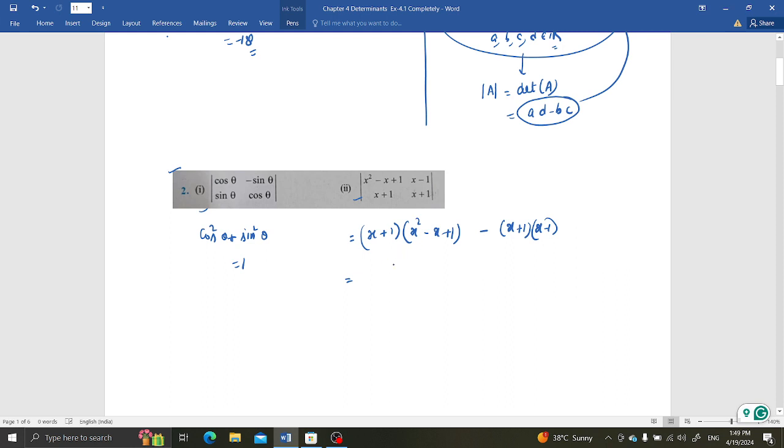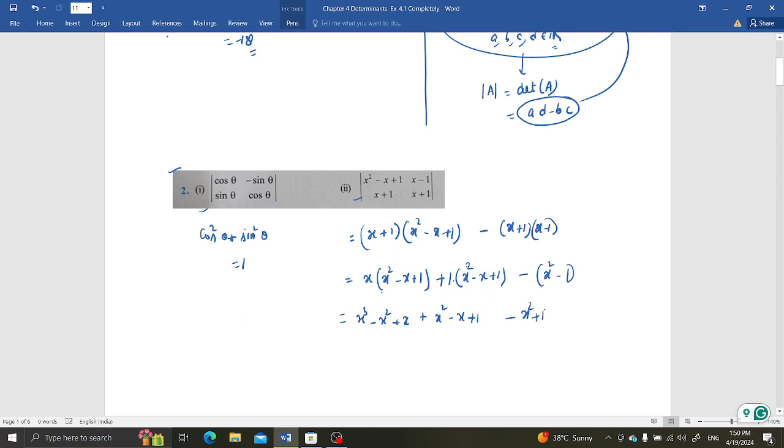Now we need to use the distributive law. So x multiplied with x square minus x plus 1 gives x cube minus x square plus x, and here minus x square minus 1 multiplied out gives x square minus x plus 1 minus x square plus 1.